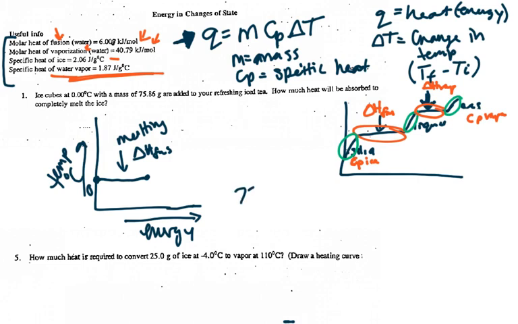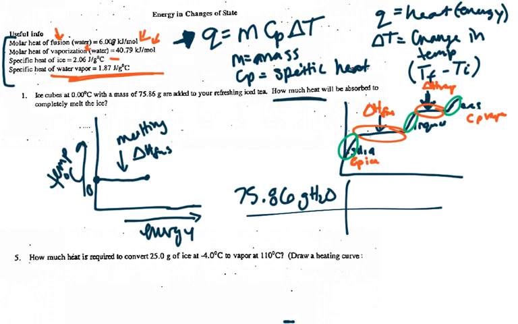So I was given 75.86 grams of ice, so of water. Maybe I could just write H2O. Okay, and it asks me for how much heat, so I'm looking for energy.